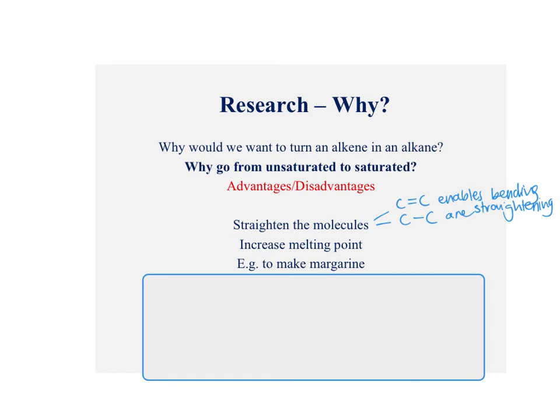And this is used in things like margarine. So let's take a look at an example of this. If I've got propene with 2 hydrogens here, 1 here, and 3 over here, and I've got a couple of those molecules, they are not going to be able to align nicely over each other, okay?